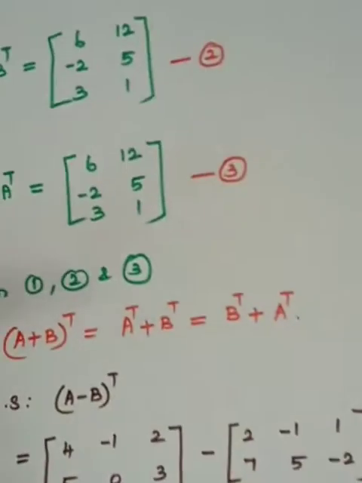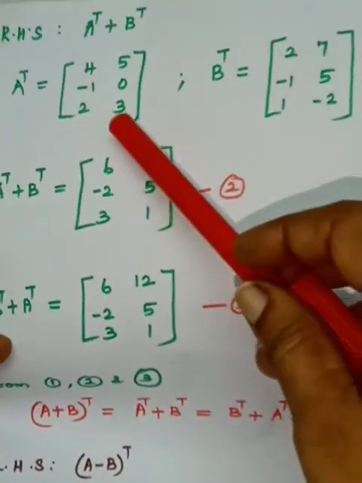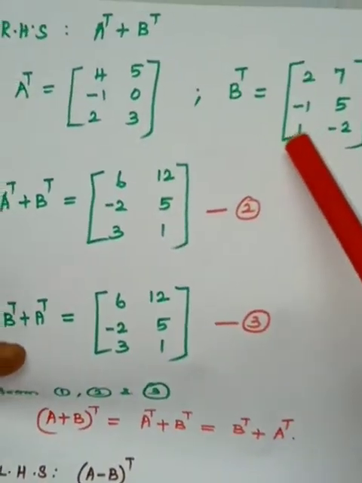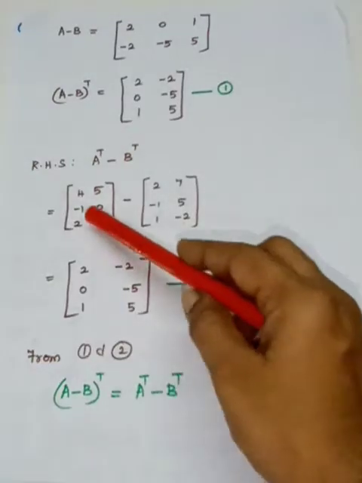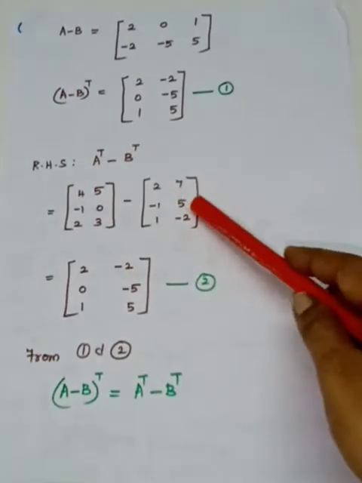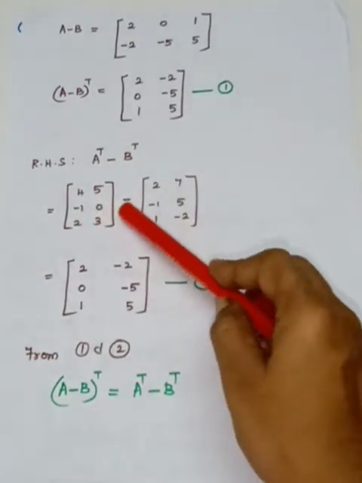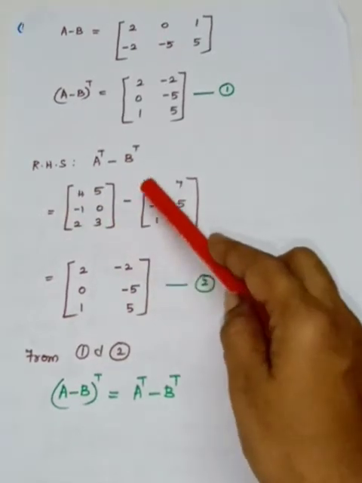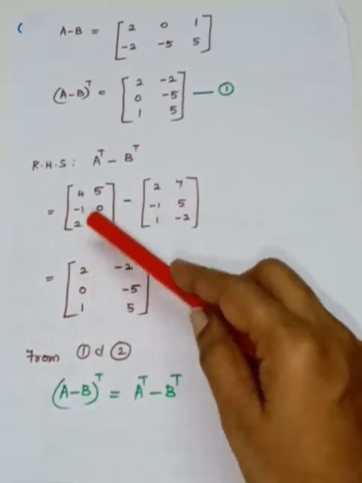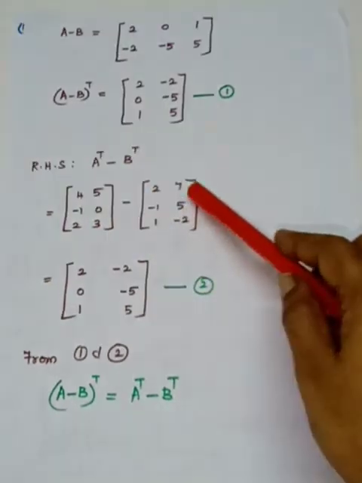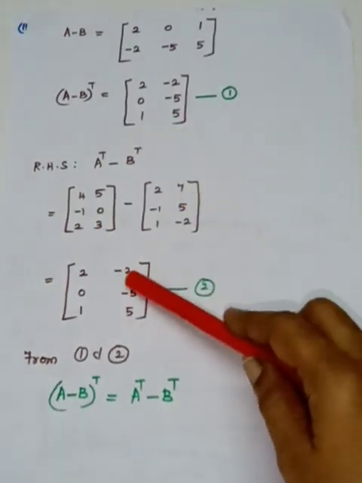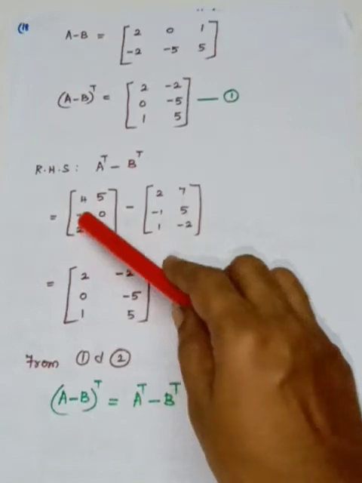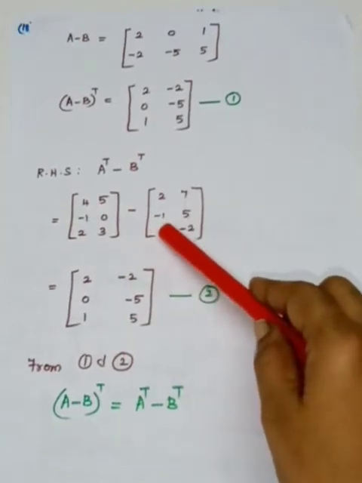So see now this is your A transpose, this one is B transpose. So we have A transpose minus B transpose. In between, you are having minus. So see that 4 minus 2, what's the answer? 2. 5 minus 7 is minus 2, and minus 1 minus of minus 1, that is plus 1.